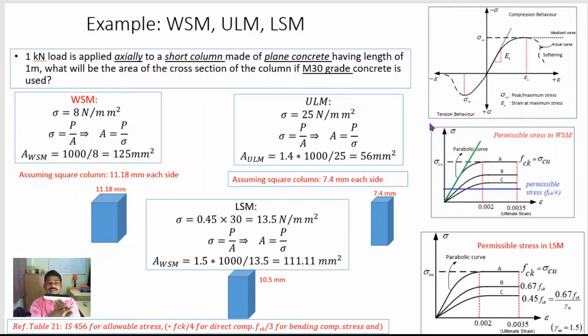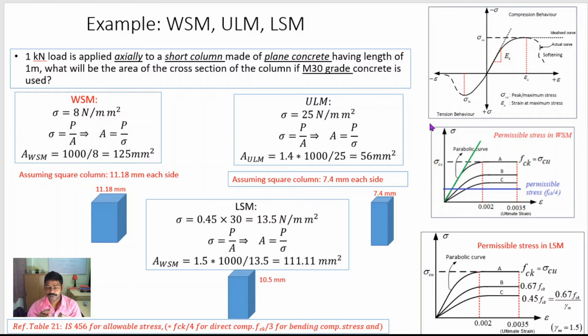Now this bottom fiber will be under tension, but the top portion, if we consider the neutral axis somewhere here, above the neutral axis will be under compression and the bottom part will be under tension. So if the compressive stress is due to bending, we should use the maximum allowable compressive stress up to 1/3 of the strength of the concrete. And if the compressive force is due to direct loading or direct compression, in that case we should use 1/4 of it.